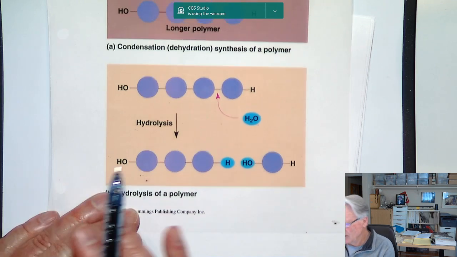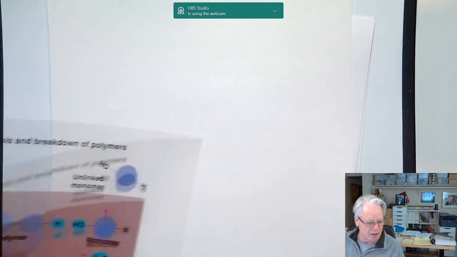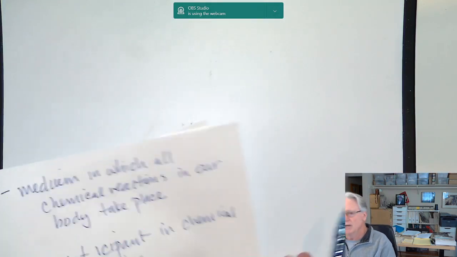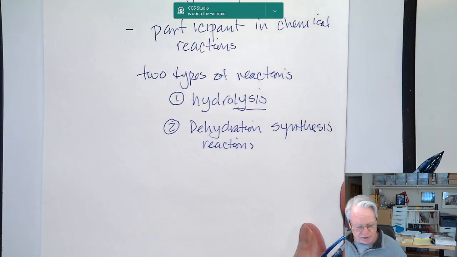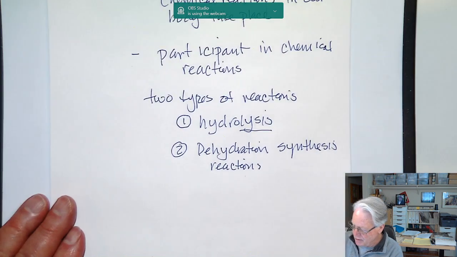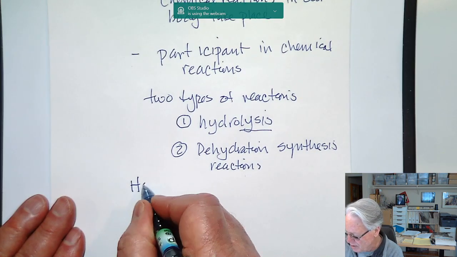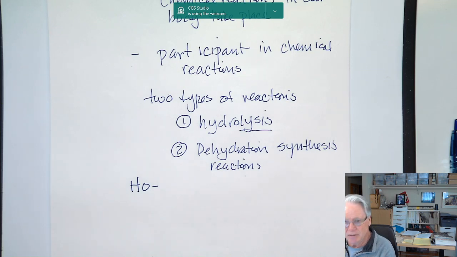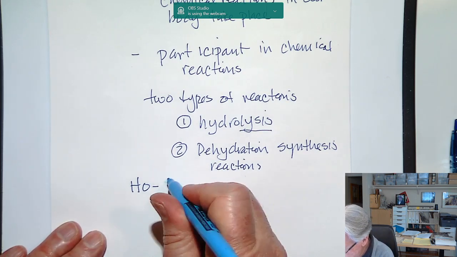Okay. So let's go ahead and do a quick little drawing in our notes to capture that information. So what we're going to do is basically draw the same drawing that the textbook has. So we're going to do this, and let's go ahead and give ourselves some dots here.